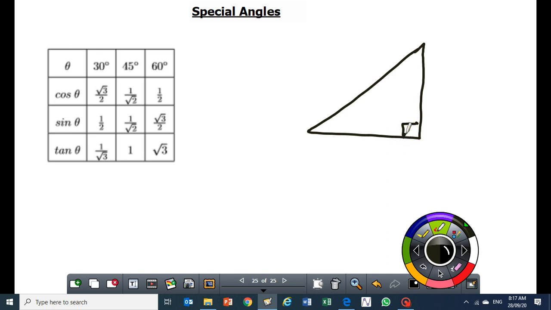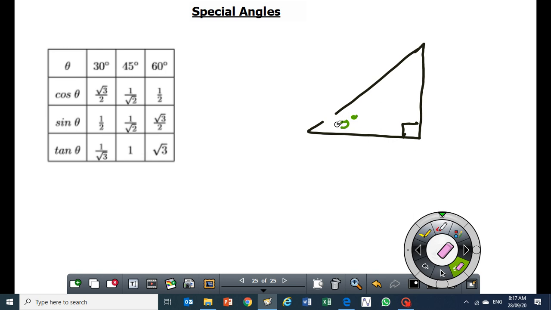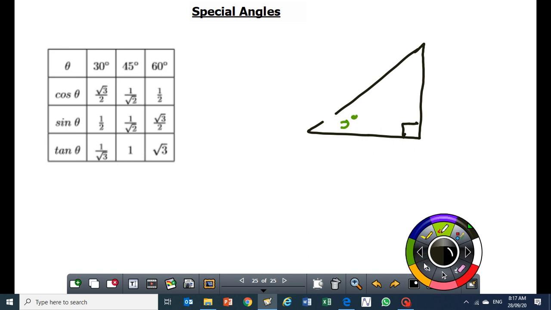Okay, so you are going to need a right angle triangle such that this angle will be 30 degrees. That's 30. Obviously, this becomes 60 degrees.